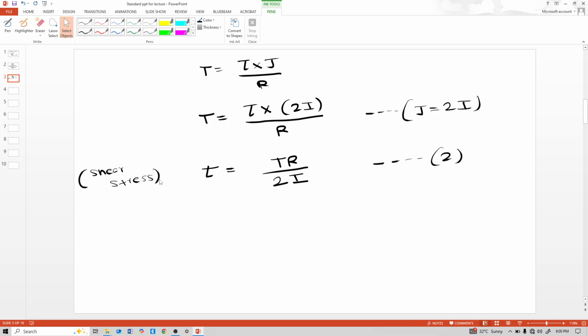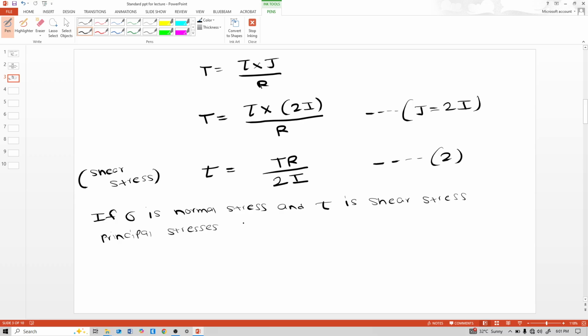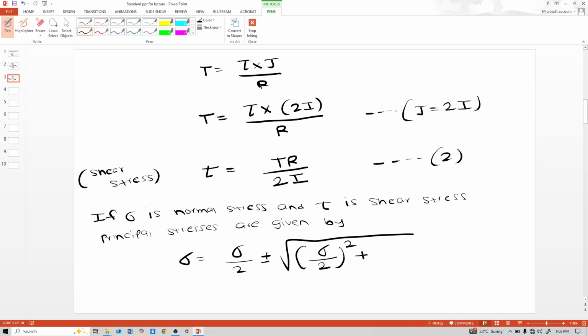Now, if sigma is the normal stress and tau is the shear stress, the principal stresses are given by sigma is equal to sigma by 2 plus minus under root of sigma by 2 square plus tau square.